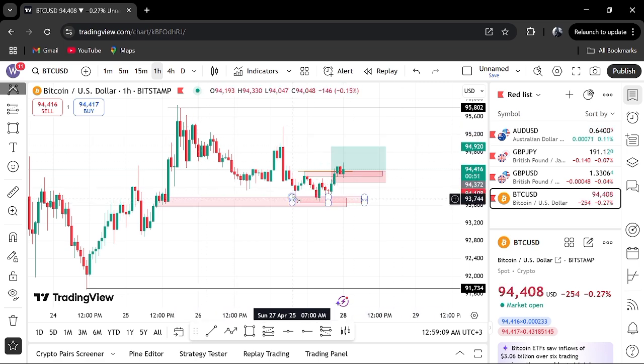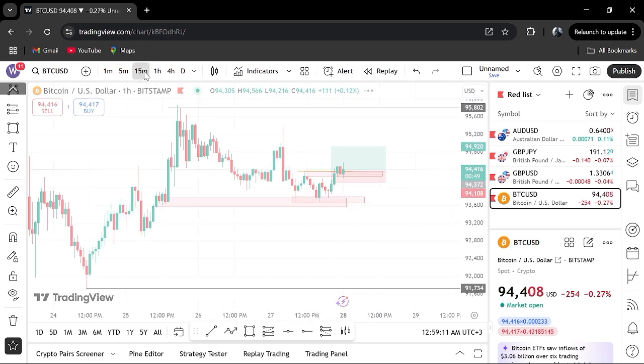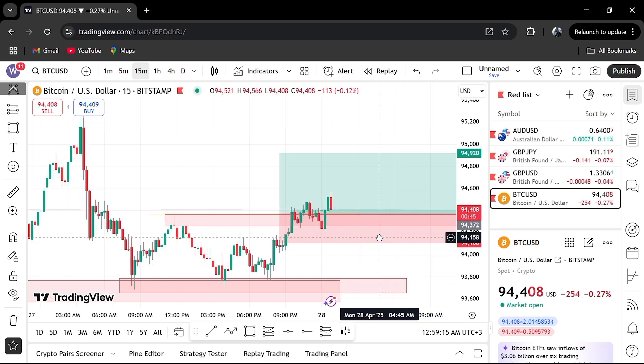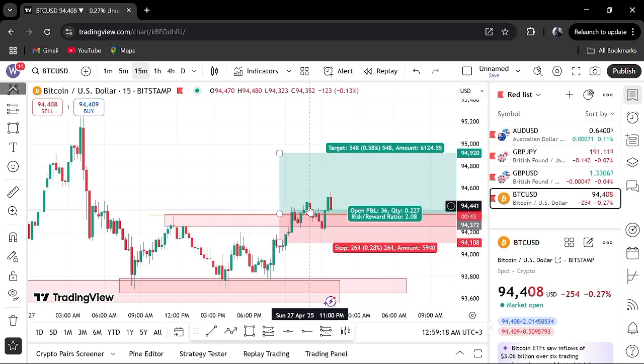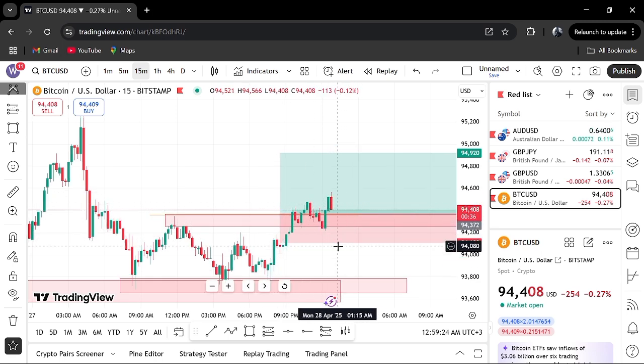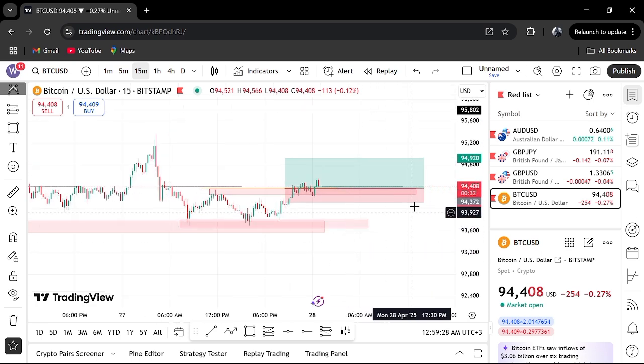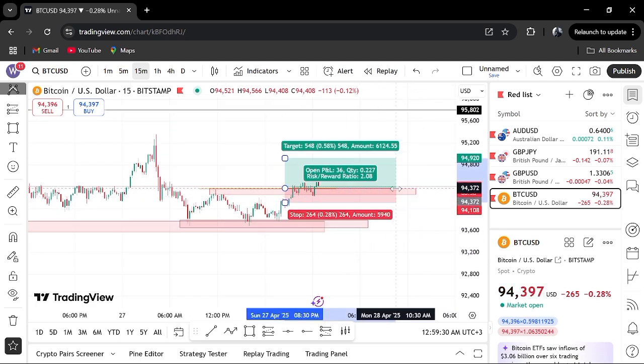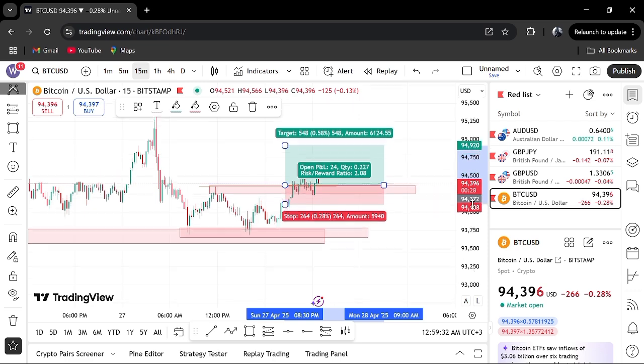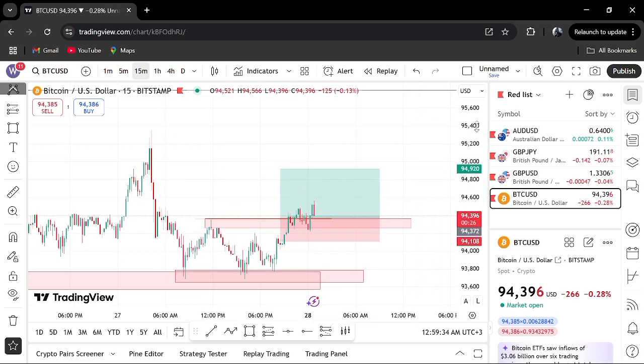Then we go to the 15 minutes to check on our confirmation. Price has broken our zone, it closed even beyond our zone. So that's why we are in this trade, and it's a buy, it's an uptrend, so everything is okay, the confluence, everything. We are waiting for this trade to check how it goes tomorrow, then I'll update you guys.